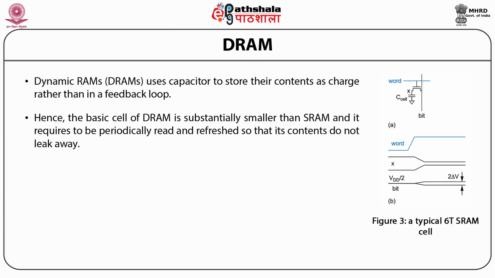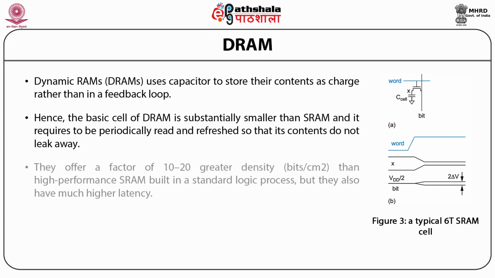So commercial DRAMs are built in a specialized process using dense capacitor structures. They offer a factor of 10 to 20 greater density than high performance SRAM built in a standard logic process.